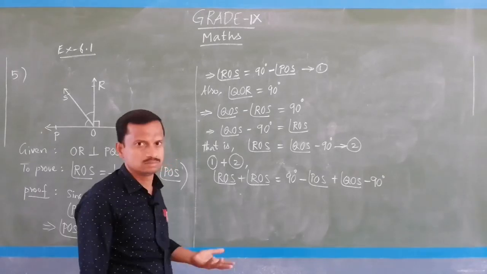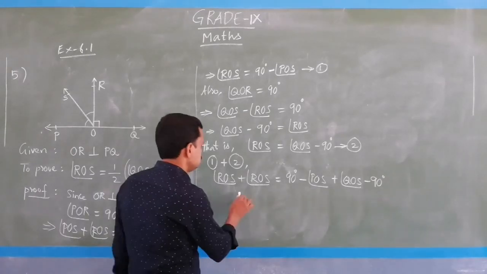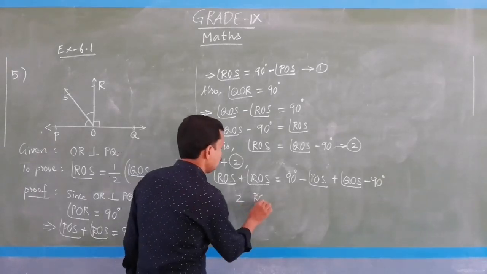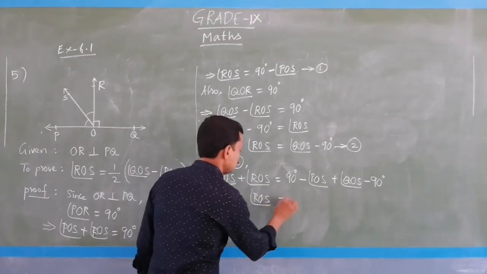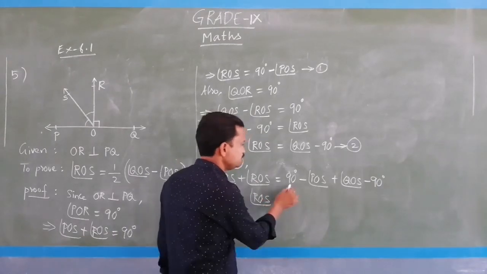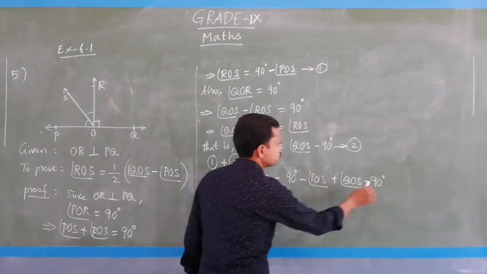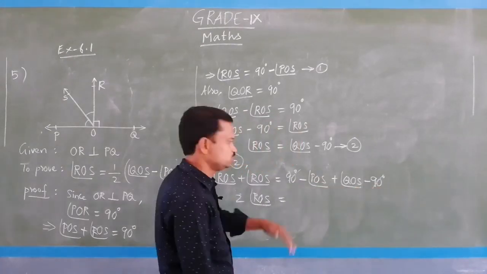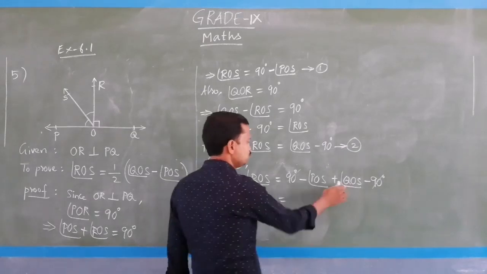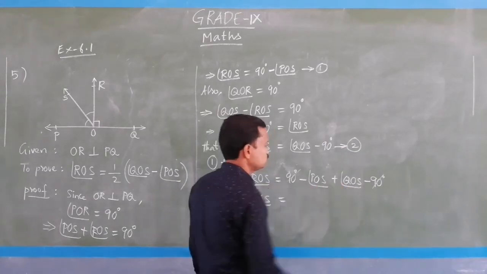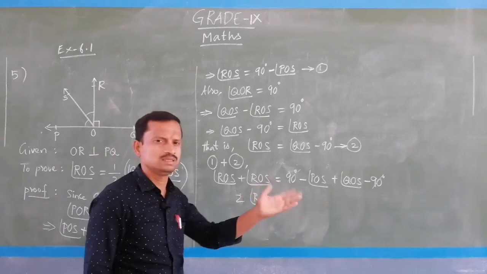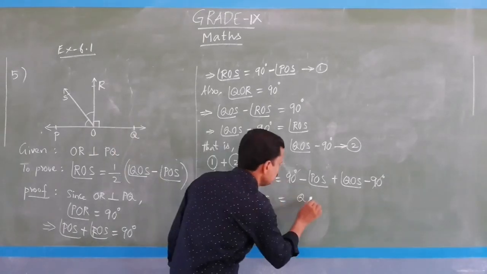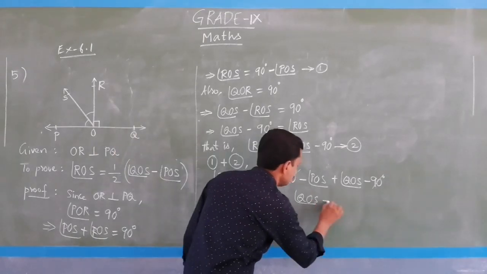And you see this is 2 ROS, that is equal to, you see, 90 degree minus 90 degree cancel. This is plus, that is minus, so equal value with opposite sign gets cancelled, and you see here minus POS plus QOS. So you adjust the plus sign first and then the minus sign, for our convenience, and that is the proof also.